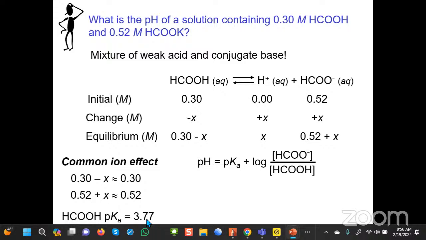That's equal to 3.77. That goes here. And then you plug the other values into the equation, as you can see here. According to this, it works out to be equal to 4.01, all right? So that's basically how you use the Henderson-Hasselbalch equation to calculate the pH of such a solution of a weak acid and its conjugate base, all right?